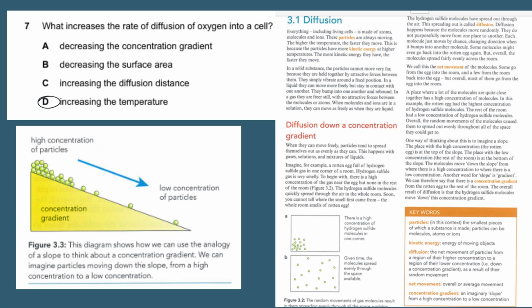Last, answer D, increasing the temperature. Of course, if you increase the temperature, the diffusion rate will increase. The rate of diffusion increases with temperature as well as with increased concentration or number of particles. So the correct answer should be D.